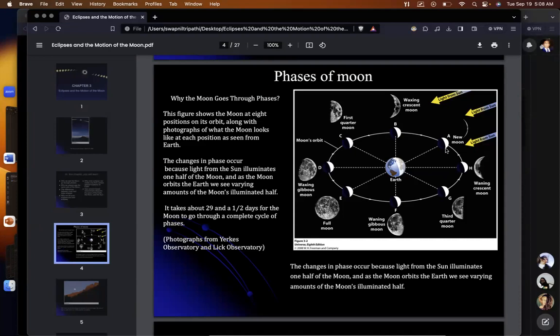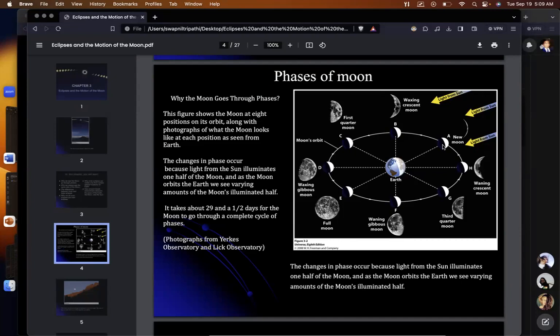Something to think about: our calendar of weeks, years, months is made up because of these astronomical cycles. We divided the year into months because of the lunar cycle. So 29.5, nearly 30. That's why months are about 30 days. Okay.